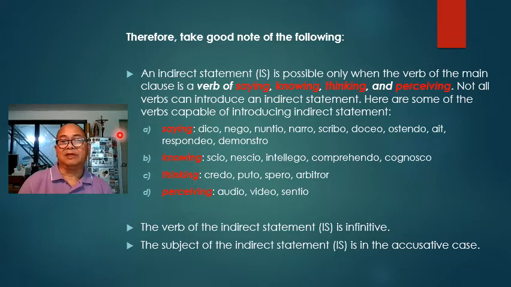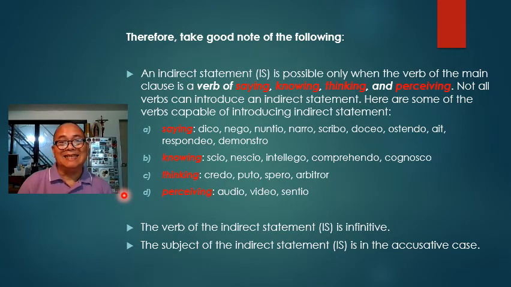Verbs of saying, for example: dico, nego, nuncio, narro, scribo, doceo, ostendo, ait, respondeo, and demonstro. These are verbs of the idea of saying. Verbs of knowing: scio, nescio, intellego, comprehendo, cognosco. Verbs of thinking: credo, puto, spero, arbitror. Arbitror is a deponent verb; we will study the form of these kinds of verbs later.